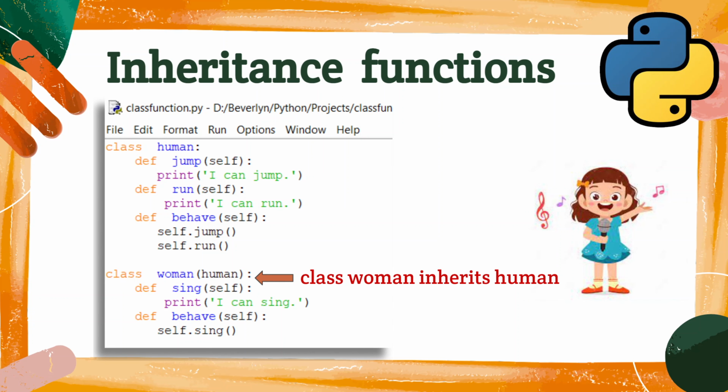Although parent class has behave function, the child class woman changed its content to self.sing. Here is the power of inheritance. Child class woman actually not just owns two functions, but it also owns the functions from its parent class human, which are jump function and run function.